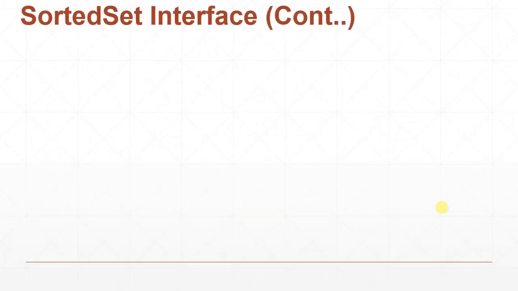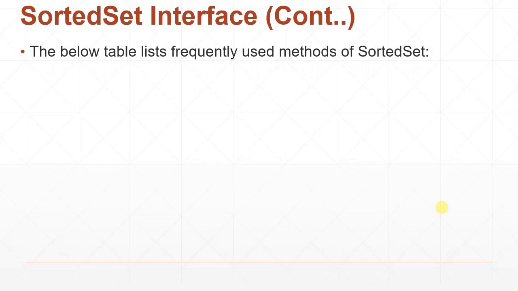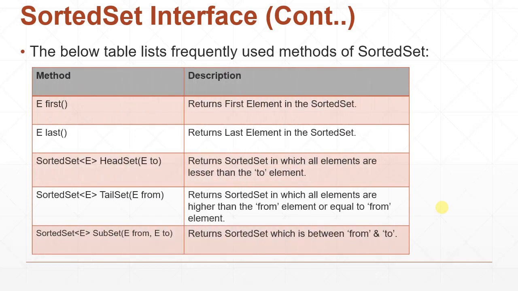The below table lists frequently used methods of SortedSet. Since the implementing class of this SortedSet interface already sorts the elements, when you make a call to first, it will return the first element in the sorted list.